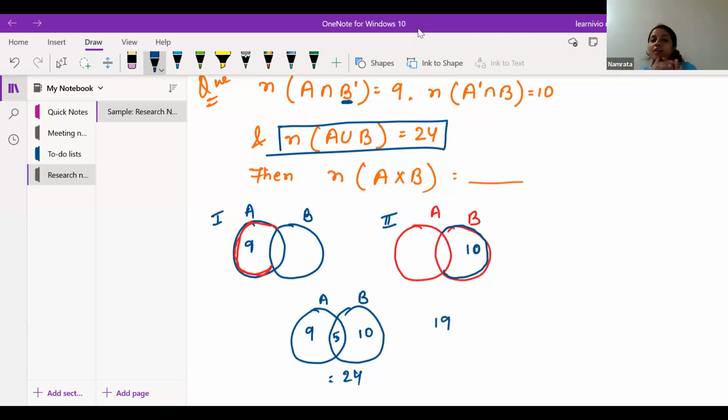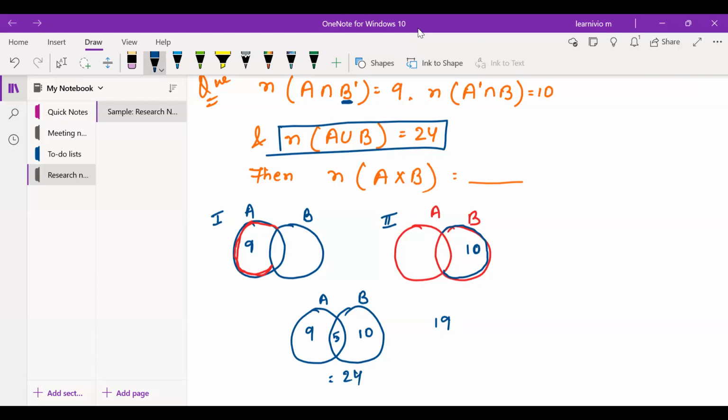Now you have to tell me what is A cross B, the number of element in the Cartesian product A cross B. How many elements will be there in A cross B? Yes, Lena? How we find A cross B?